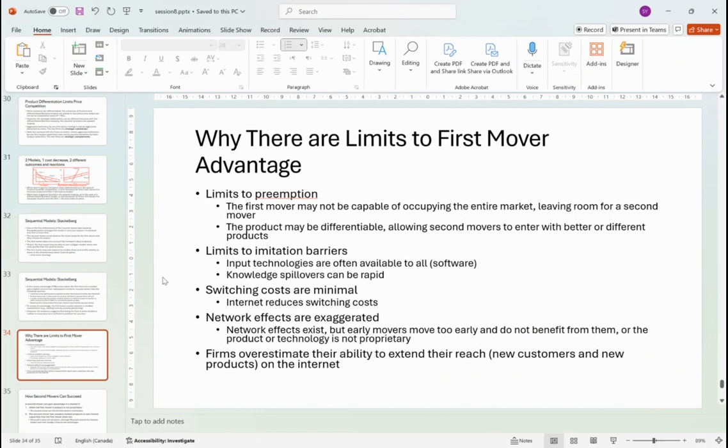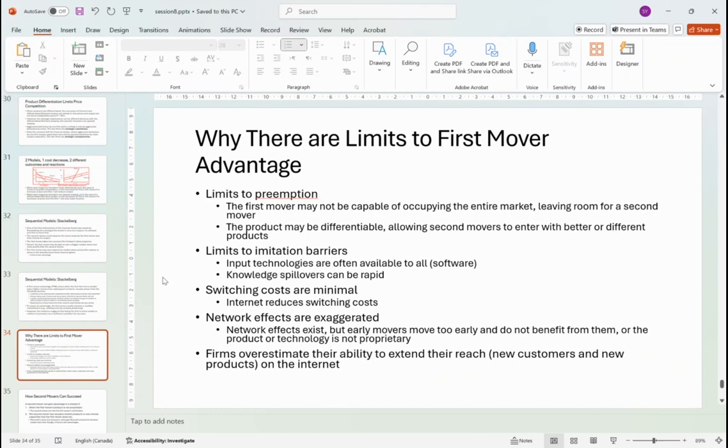So the second mover can enter the market with a slightly different product and get some market share. Or sometimes there are limits to imitation barriers. Sometimes it's hard to prevent other firms from getting your technology or your knowledge, right? So technology can be available to everyone, or the knowledge could spill over across the industry, and then there would be room for the second firm to enter.